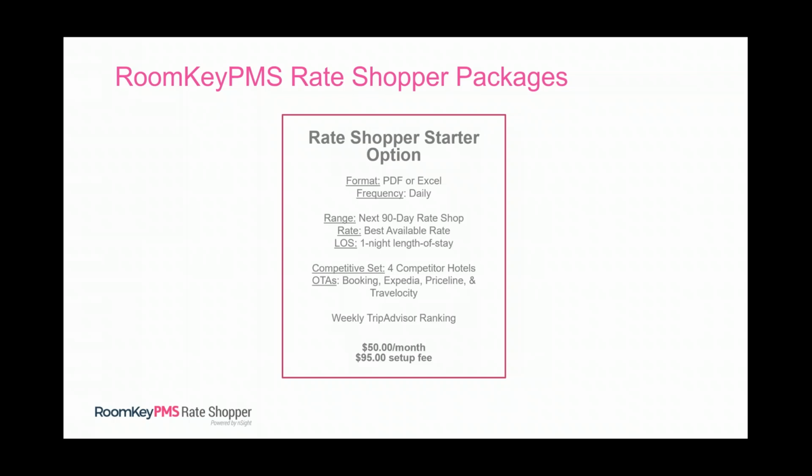You will get your rate shopping based on the first available rate, 90 days in the future, with a one-night length of stay. We will also benchmark your rates on 4 different OTAs, so Booking.com, Expedia, Travelocity, and Priceline, and towards 4 competitors of your choice. And finally, you'll receive a weekly update of your TripAdvisor ranking.